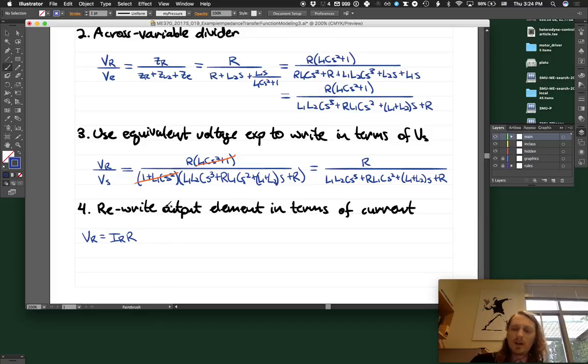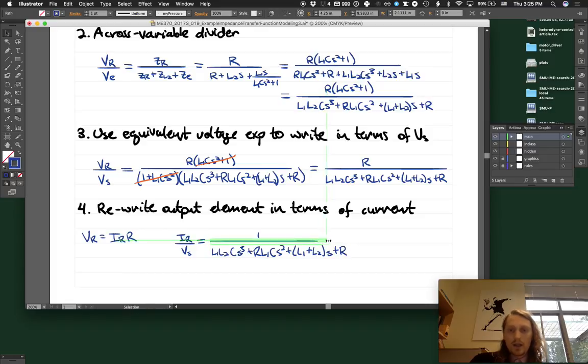So we end up with IR divided by VS, I'm suppressing the of S notation, equals, and it's going to be a big fraction, and the R's cancel, and you get 1 over L1 L2 C S cubed plus R L1 C S squared plus (L1 plus L2) S plus R. Alright, so I think that's right.